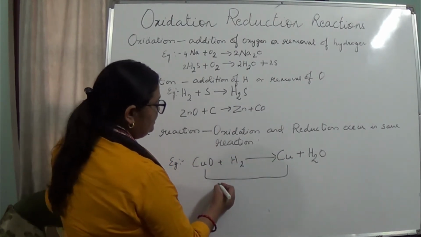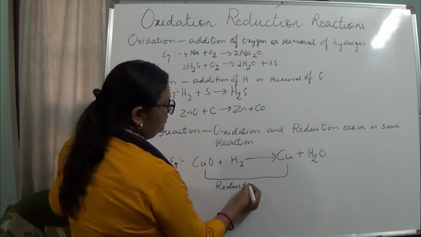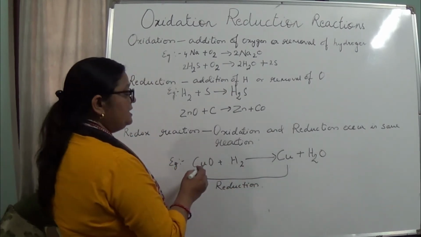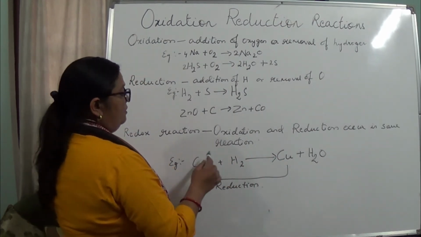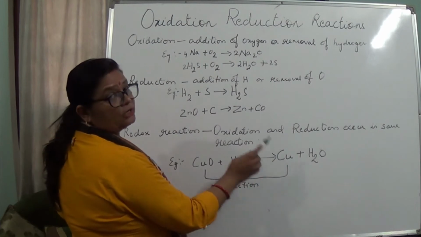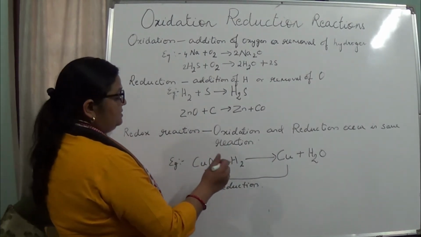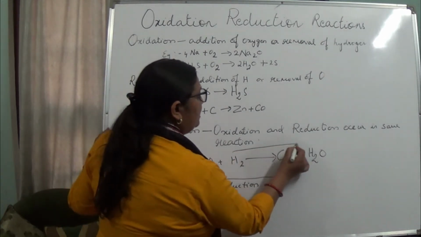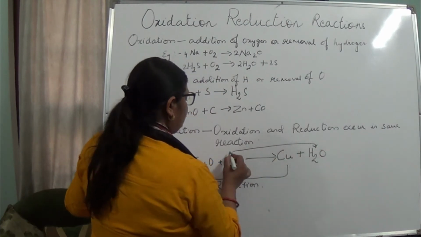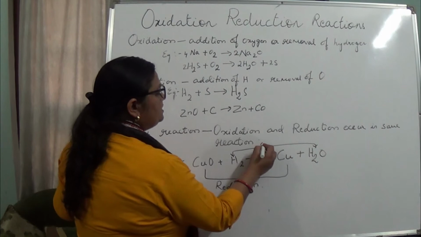So here reduction has taken place. In this you can see oxygen has been removed, and copper oxide has become copper. And in the second one, hydrogen, oxygen has been added, so it is oxidation.